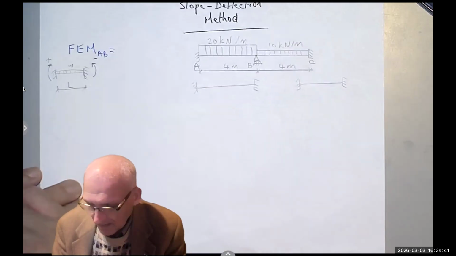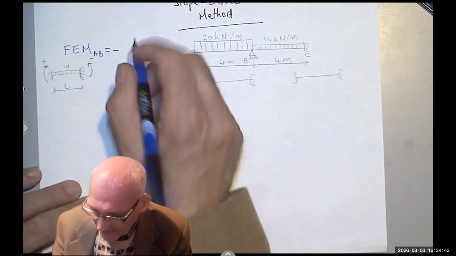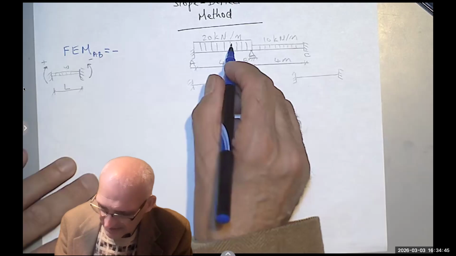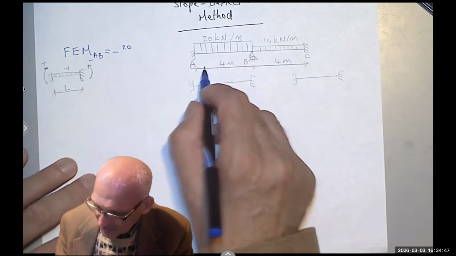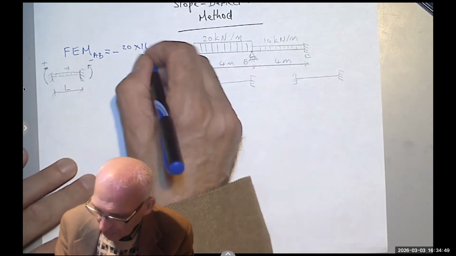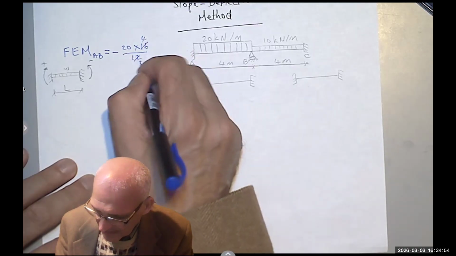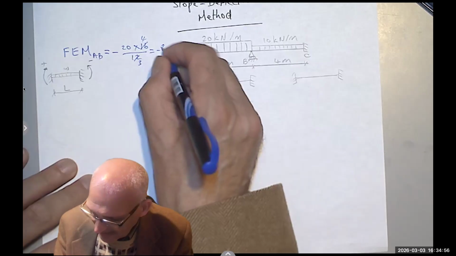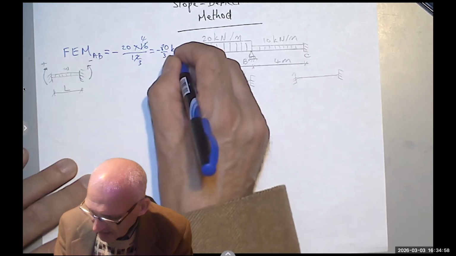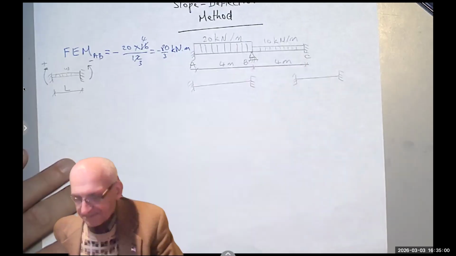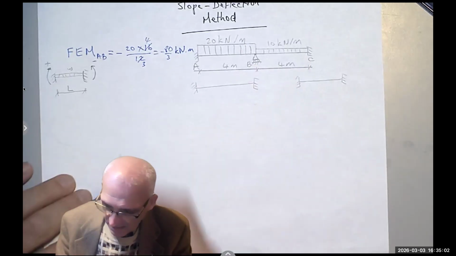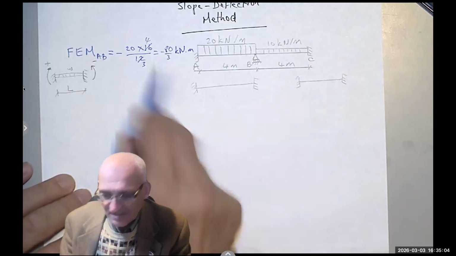equals negative, the W is 20, L squared is 16, over 12. I can simplify this as 4 and a 3. So I get negative 80 over 3 kilonewton meter. I don't need to calculate FBA because it's the same thing.